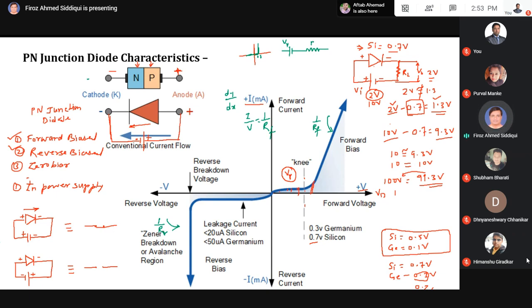This is the RF, forward resistance, and it is a very small resistance in the forward bias condition of a practical diode. In the case of a reverse biased diode, it will be a resistor RR, which is a very high resistance. Ideally we take it as infinite, but in practice it is very high, in megaohms.